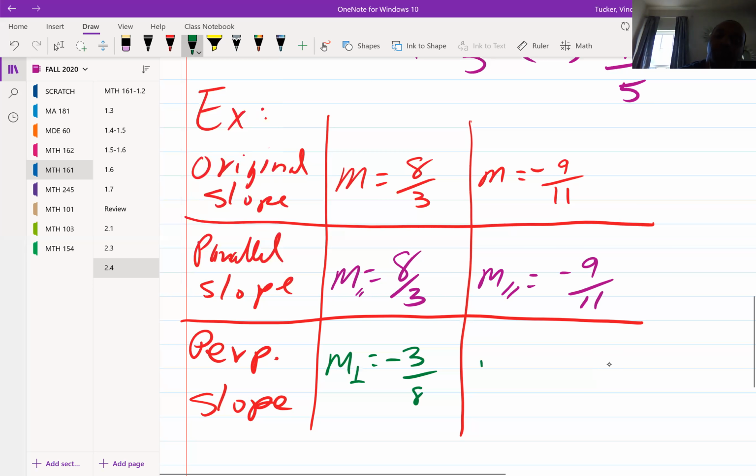And then the slope of a line that's perpendicular to that would be a positive 11 over 9. Any questions before we look at an example?